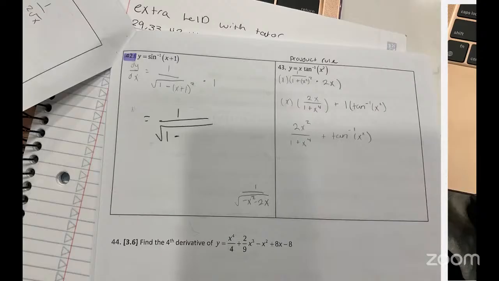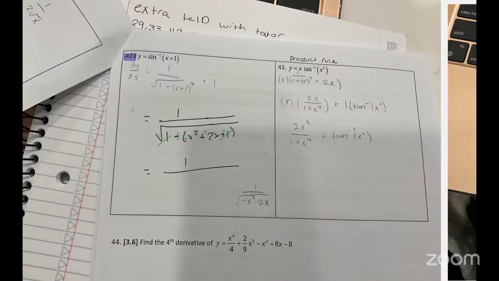And then when I distribute this negative in here, that would be a negative, and a negative. And then the negative 1 would cancel out. That's why it could be cleaned up a little bit. So the answer would be the square root of negative x squared minus 2x under the radical sign.